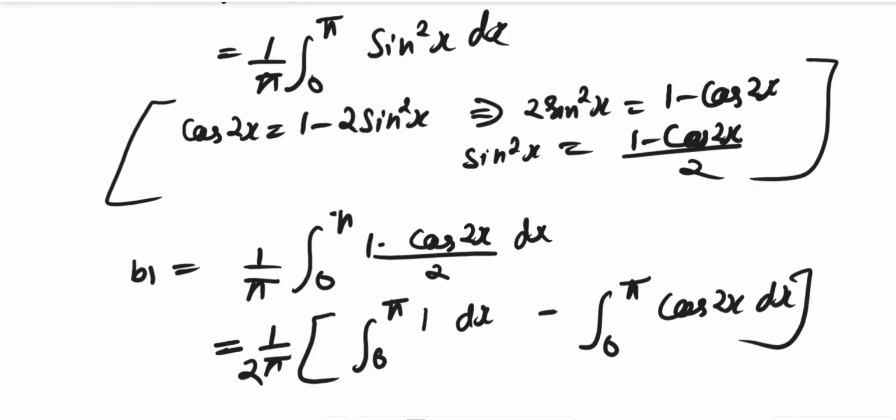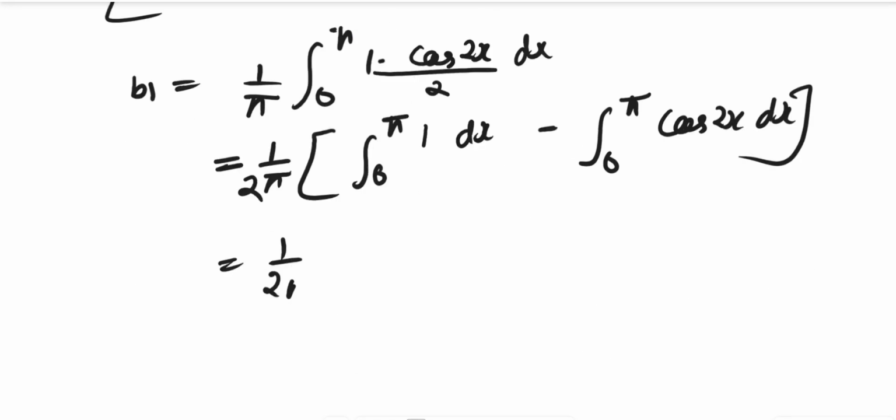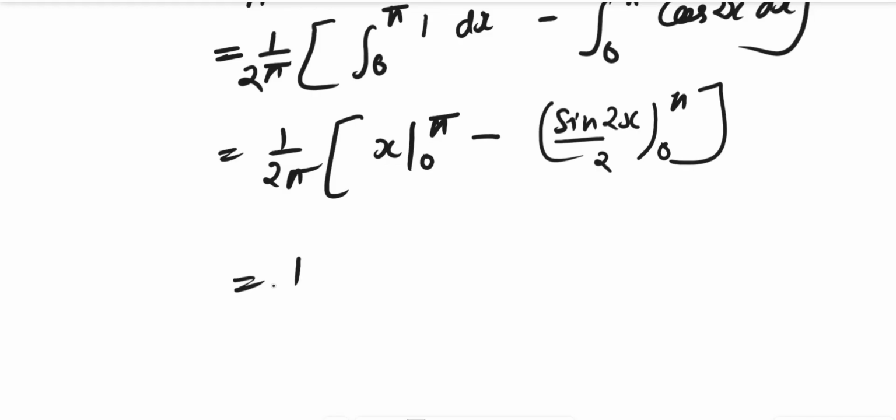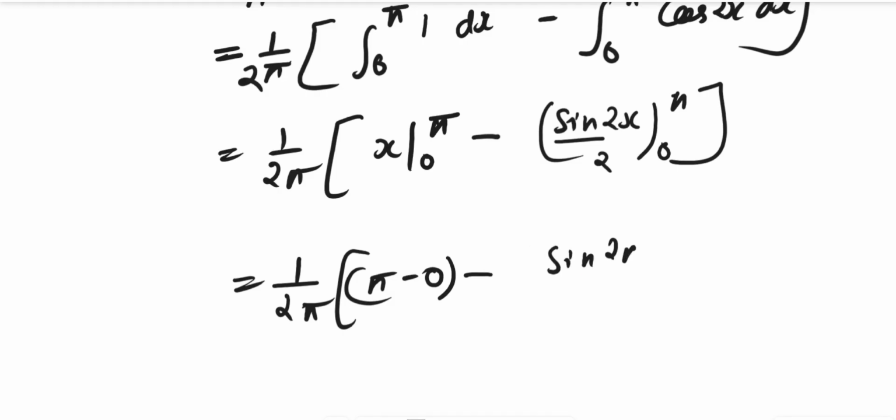Now it is equal to 1 upon 2 pi, integration of 1 dx is x, limit is from 0 to pi, minus integration of cos 2x is sin 2x divided by 2, and limit is from 0 to pi. Now put the limit, it is equal to 1 upon 2 pi, pi minus 0 minus sin 2 pi minus sin 0 in bracket, whole divided by 2.